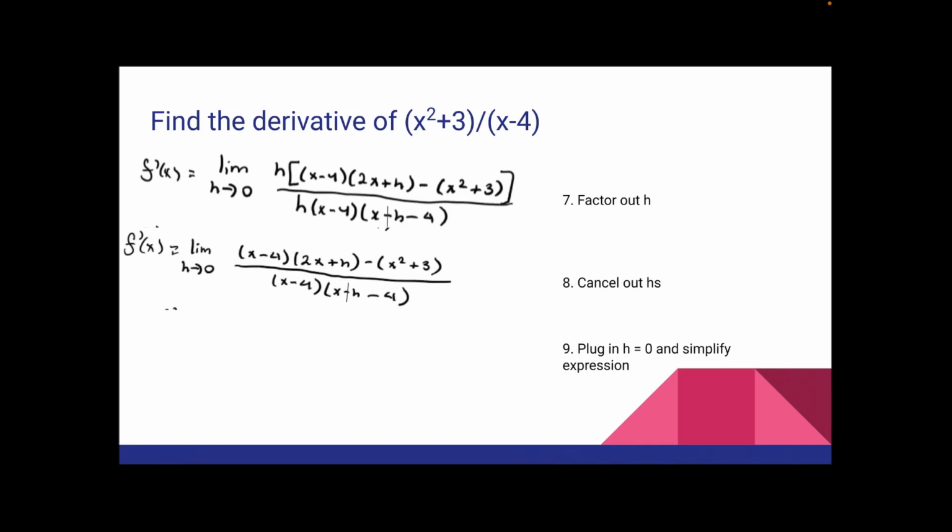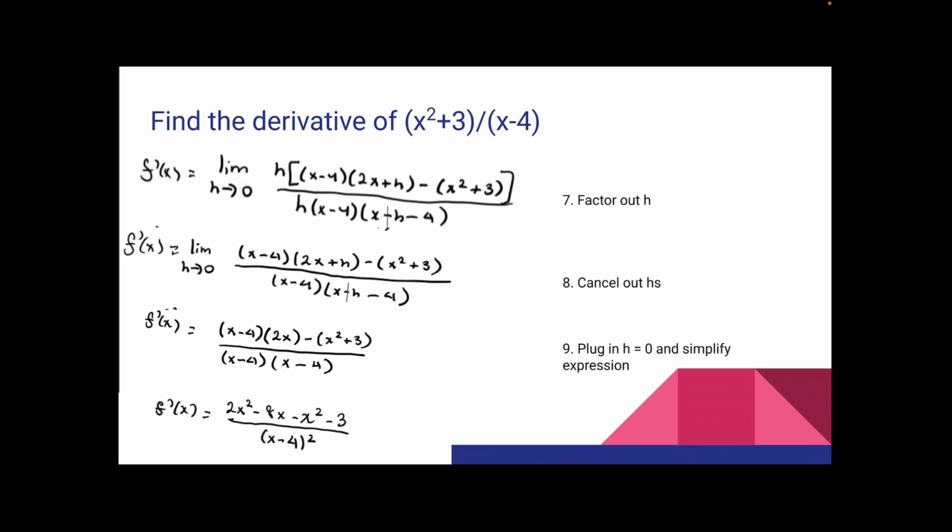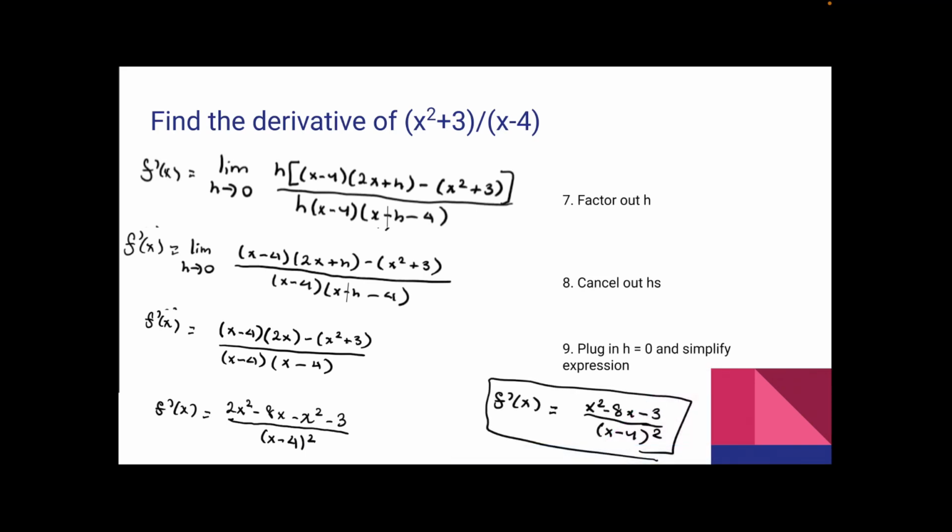The h's could then be cancelled out with the denominator. With nothing in the denominator being 0 when h equals 0, h equals 0 could safely be plugged in. The x minus 4 terms in the denominator could be combined to get x minus 4 squared, and the numerator could be simplified to x squared minus 8x minus 3 by combining like terms.